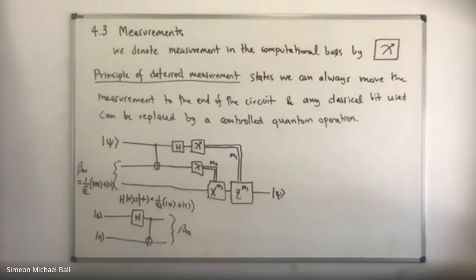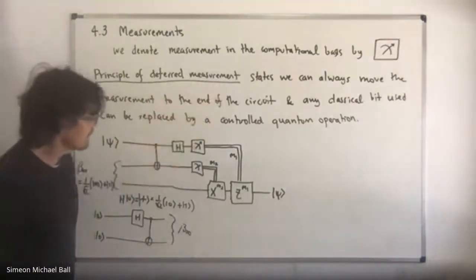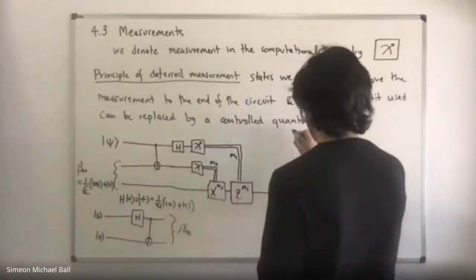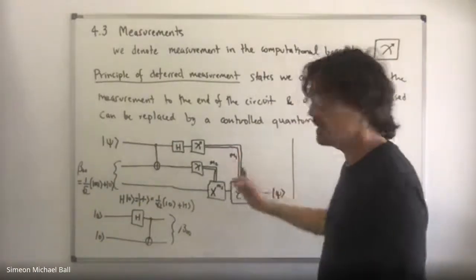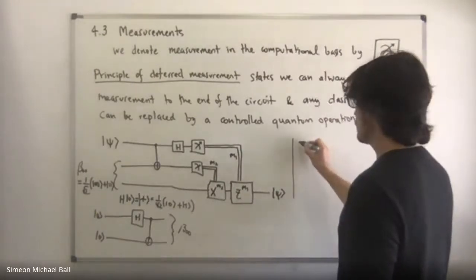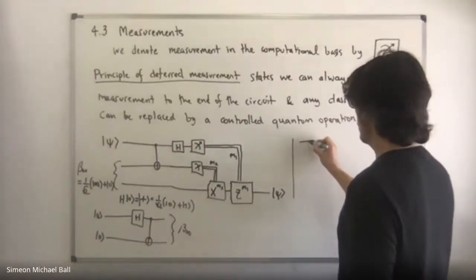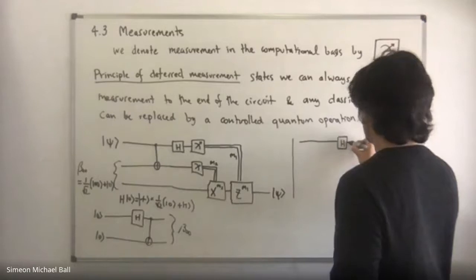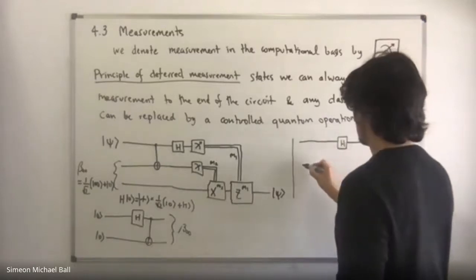So what the principle of deferred measurement says is that this should be the same if we simply replace these classical bits and move everything over here to the end. Okay, so let's see if that's true. So how would that look? Now we've got nothing there.